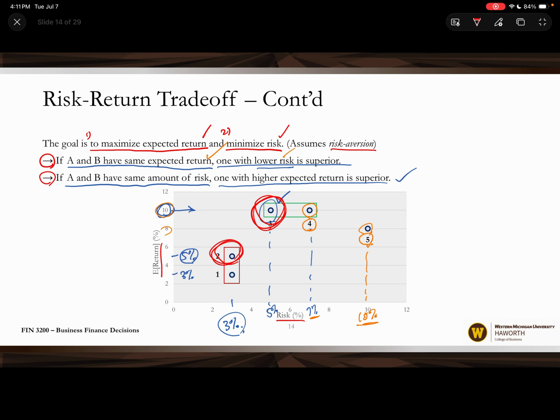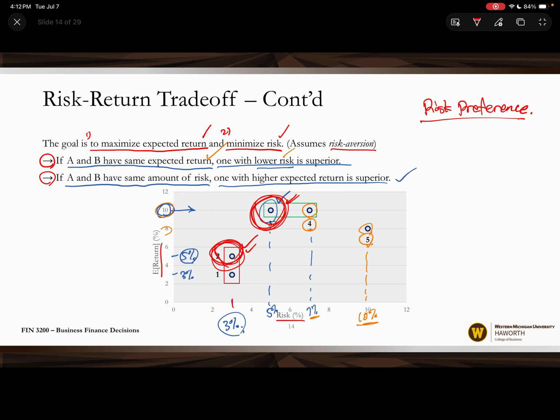Between 2 and 3, if we lived in a world where only these 5 securities existed, then both are actually good choices. 2 is the best among securities with 3% risk. 3 is the best choice among securities with 10% return, right? So the choice between 2 and 3 depends on your risk preference.